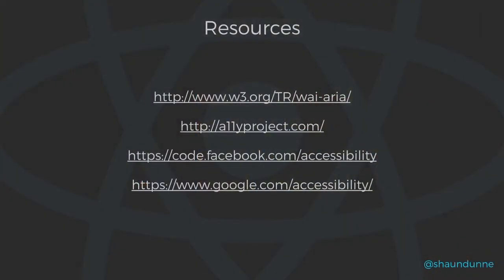There's A11yproject.com, which is a community-built resource hub, and they break down a lot of things to be really understandable. It kind of feels like it's been abandoned for a while, but I'm not too sure. Facebook recently released an accessibility toolkit, which goes through all their processes and how they treat accessibility on not just the web, but their mobile apps as well. And Google have a very similar toolkit as well.